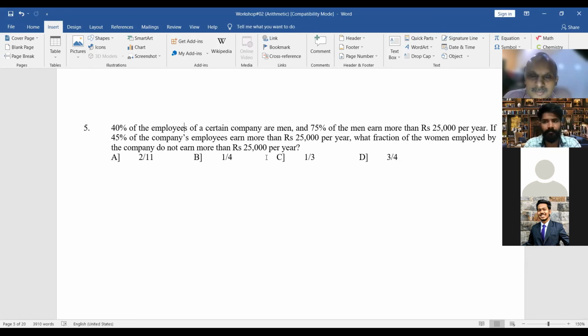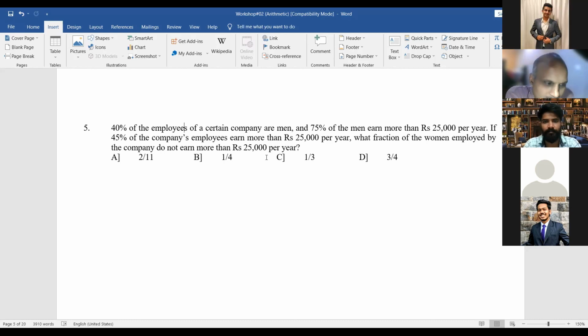Okay, start speaking. If we take the total employees as 100, then 40% is 40 employees, and 75% of them is 30 employees, who are men getting more than 25,000 per year.